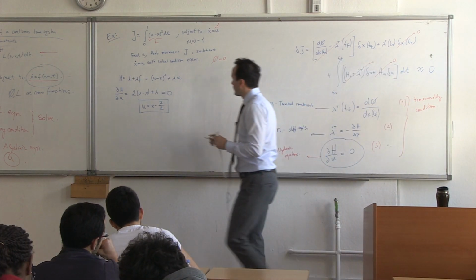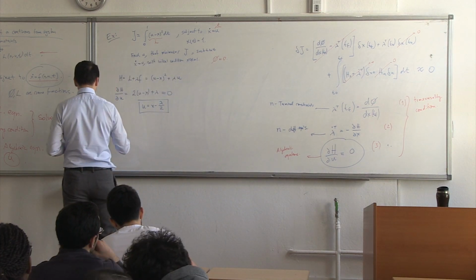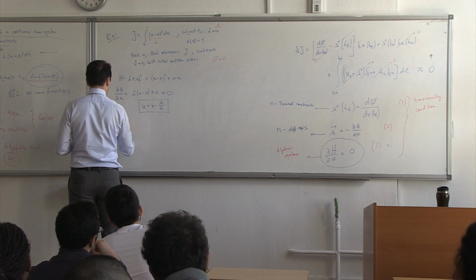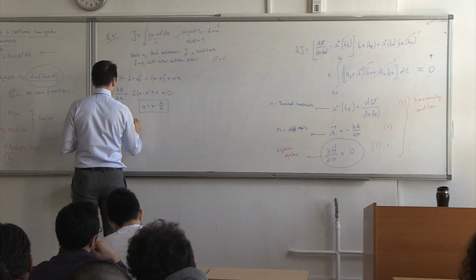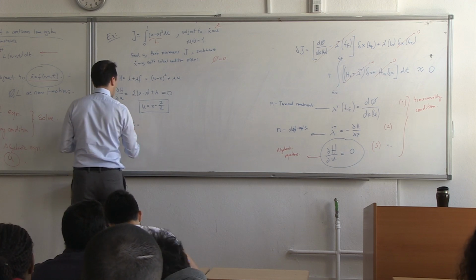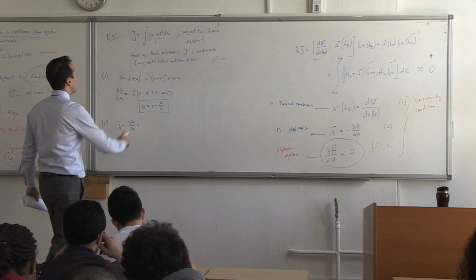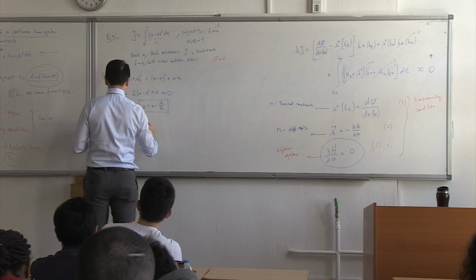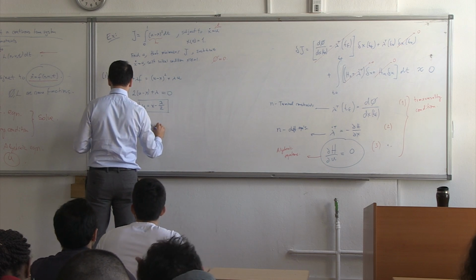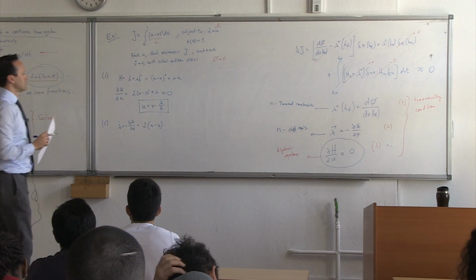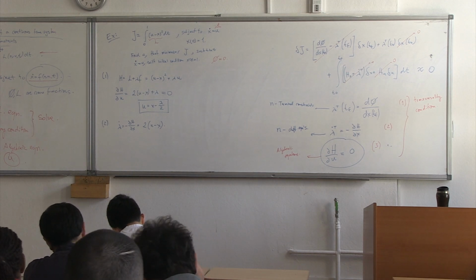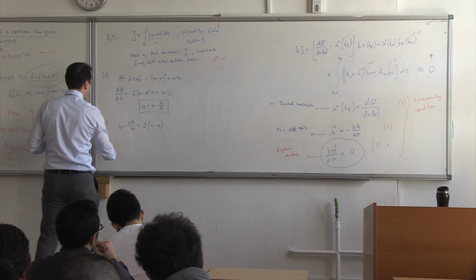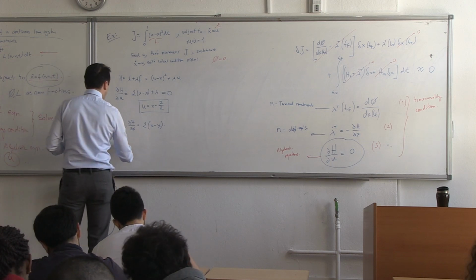Let's use the second one. Lambda dot. Let's call this 1. Let's call this 2. The second condition is lambda dot is equal to minus del H del x. And that's also pretty straightforward. I know H. So that's equal to 2(u minus x). Let's use the third condition.